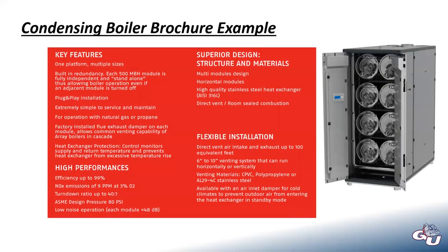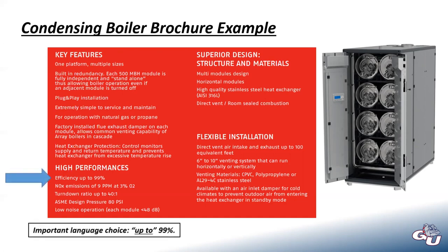So here is an example of a condensing boiler, which we'll talk about more in depth when we get into hot water systems down the road. But if you look at this condensing boiler cut sheet, they give you all these features and they tell you how great this thing is. And if you notice, they say efficiency up to 99%.